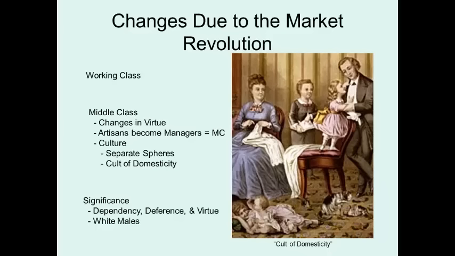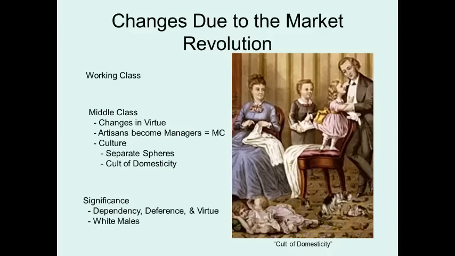Now, we also have another class emerging, and this is the middle class. So the idea prior to the 1820s was to become either a landowner or a master artisan. That is what you wanted to be, to make it, quote unquote. You wanted to either own your own land and be a small farmer or a big farmer, if you could get it, right?